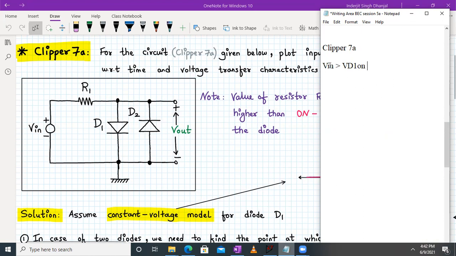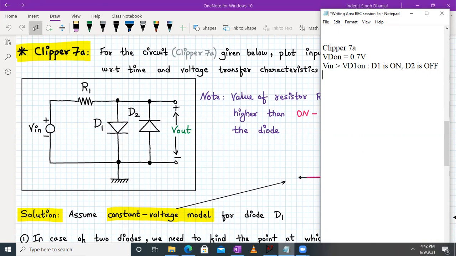So whenever Vin is greater than VD on, and we can consider VD on common as around 0.7 volts, diode D1 is on. So what about diode D2? D2 will be off. So diode D1 is on and D2 is off.